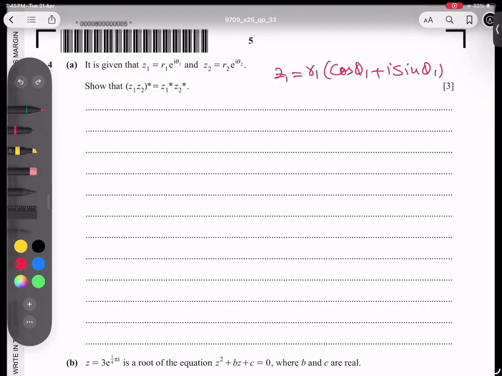Make sure. And the interesting part: if I replace here, for example, just for understanding, negative iota. So what will happen, students? If the negative can go inside, I get here iota sine of negative θ1.